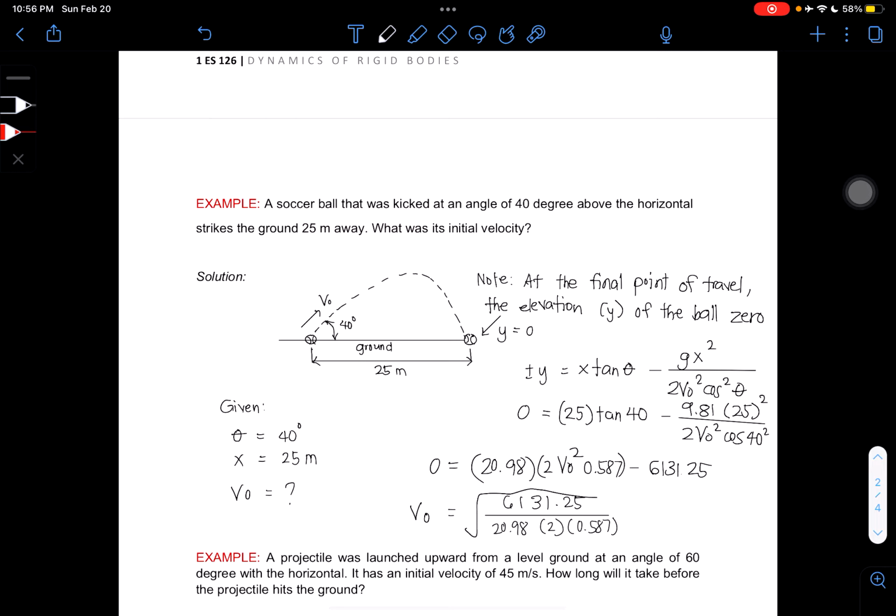So the square root, okay. So calculate this again.